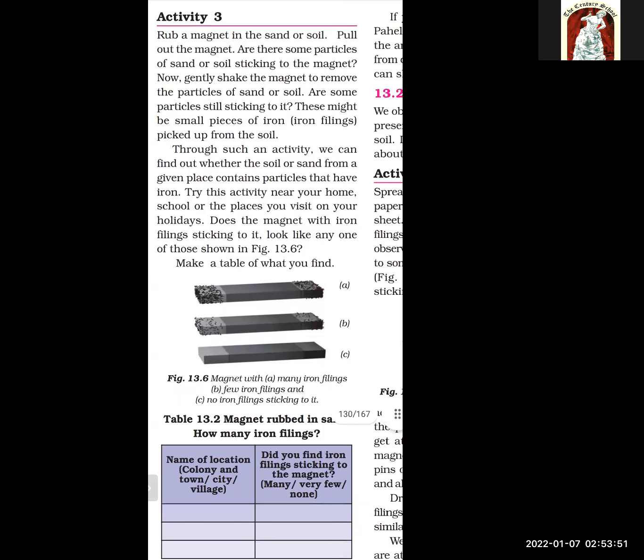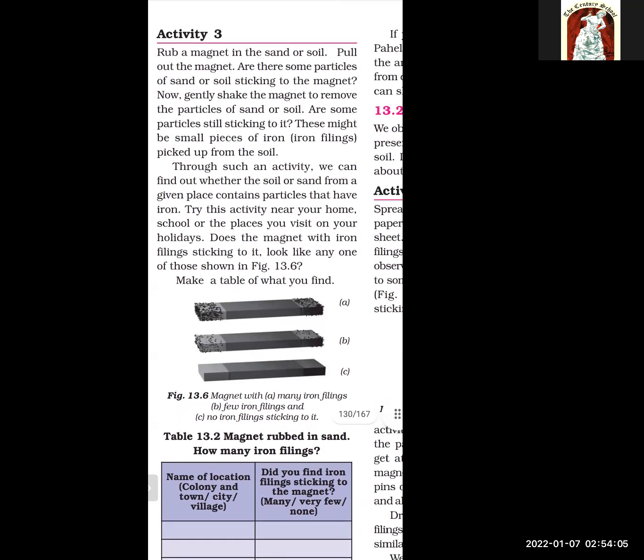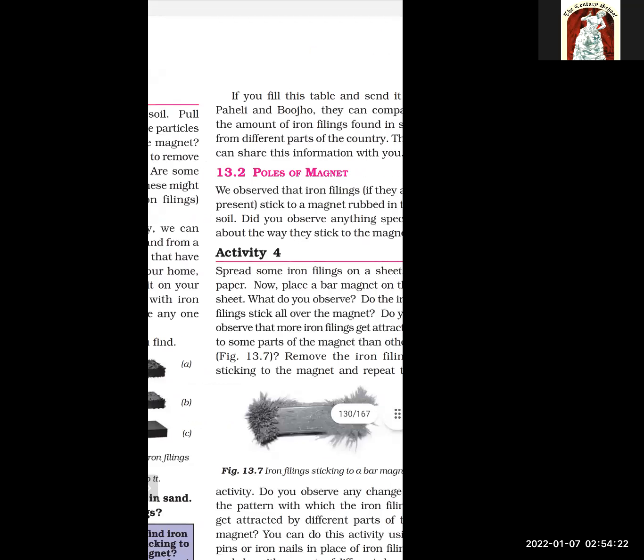After shaking the magnet, we see that some iron particles stick to the magnet, and these are called magnetic substances. These magnetic substances are attracted to the magnet, and we can do this activity at home, at school, or at any place where sand or soil is available.